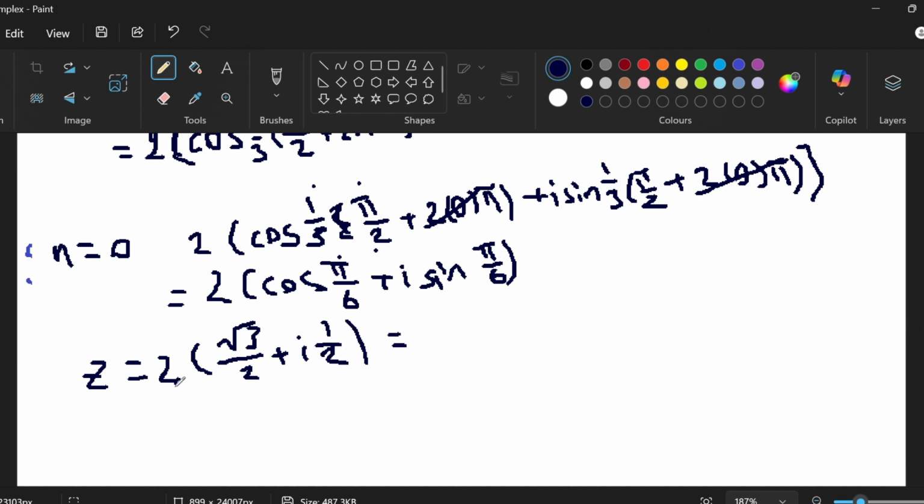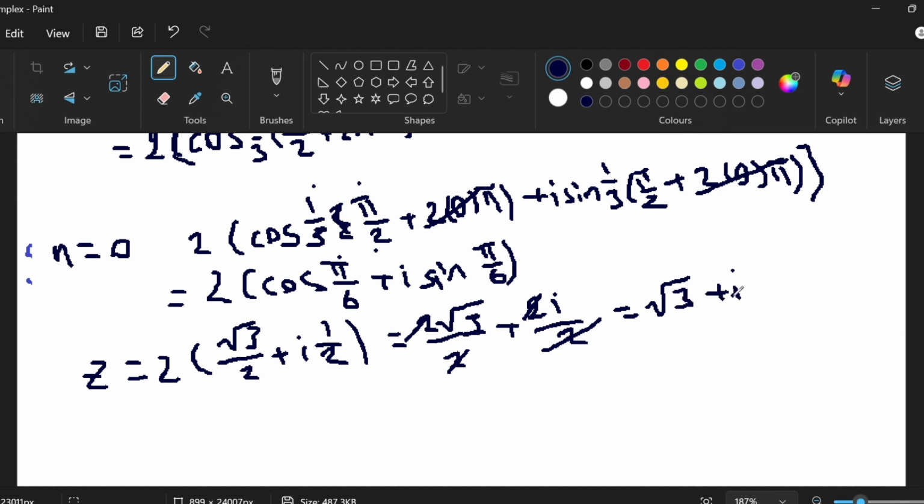Now if I distribute the 2, it's 2 times the square root of 3 over 2 plus 2i over 2, which if I just cancel out all these 2s is the same as the square root of 3 plus i. And that is my first root.